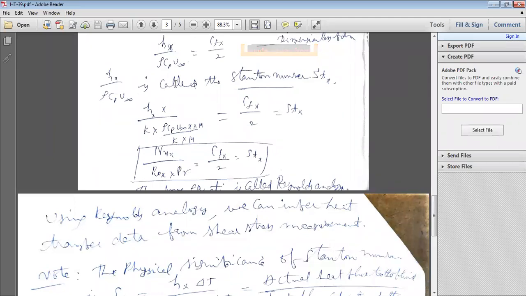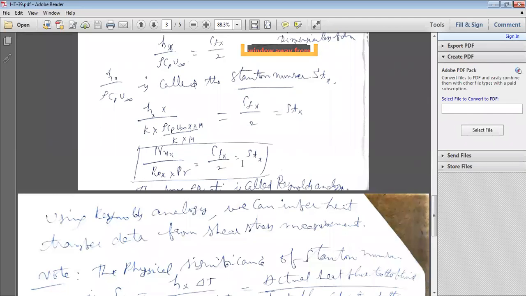That's why you can rewrite the Stanton number as Nux divided by Rex into Prandtl number. That is equal to Cfx by 2. So Nusselt number, Reynolds number, Prandtl number, Stanton number, all are in dimensionless form.